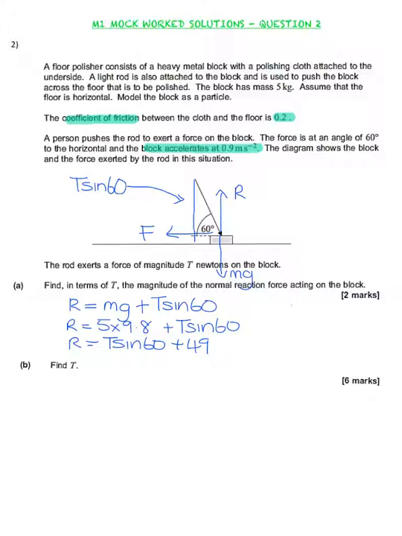Firstly, using F equals ma, where F is the resultant force, we can resolve horizontally to find the resultant force, as the horizontal component acting in the direction of motion is T cos 60.